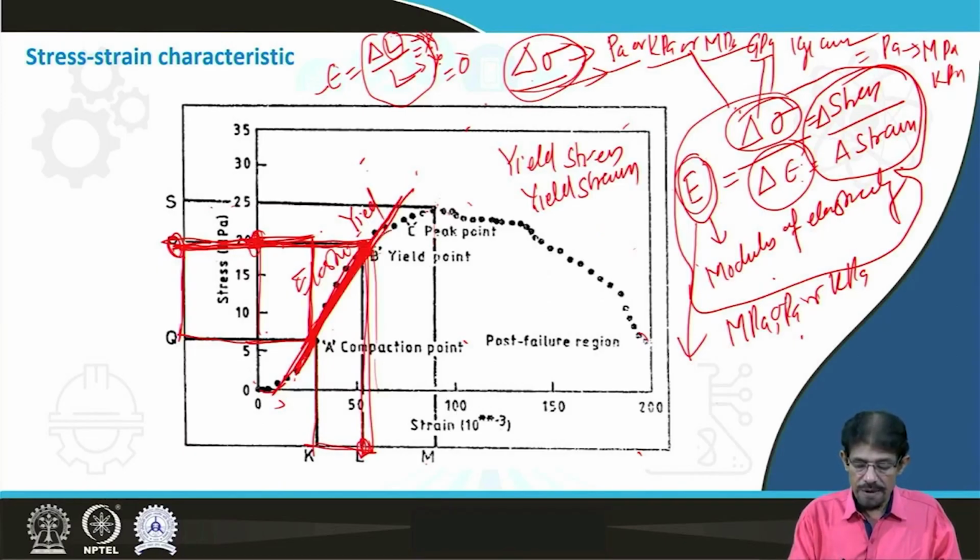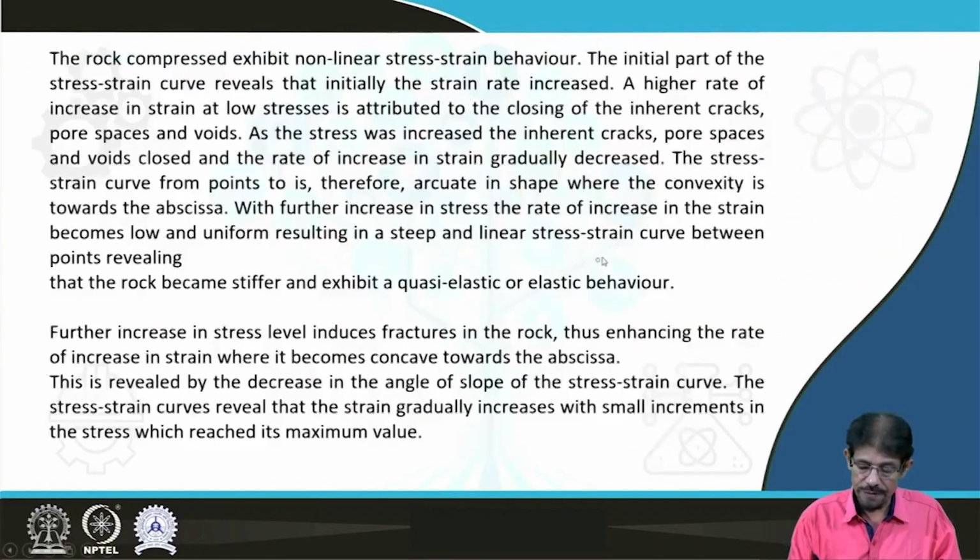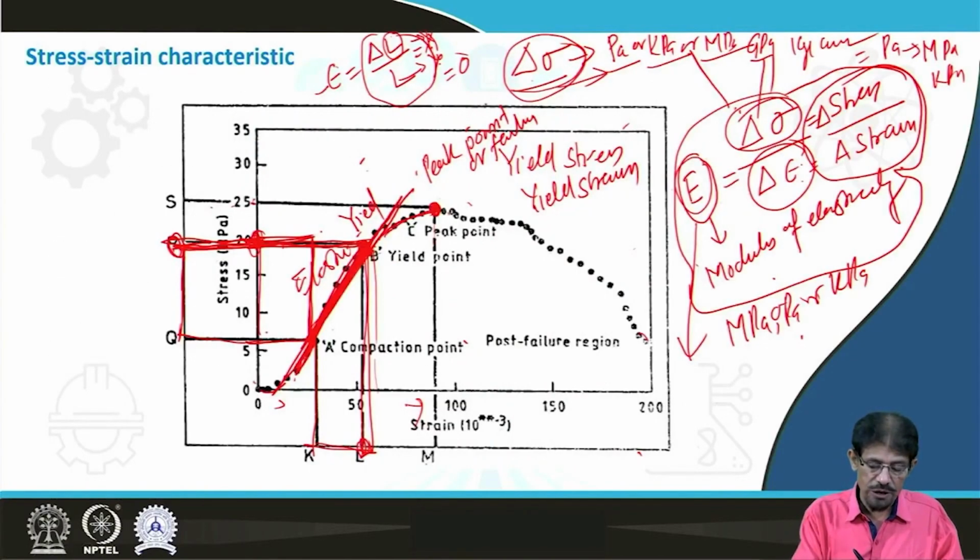Further, there is increment in stress due to applied increase in stress, and there is increment in strain, and this we are going to declare as a peak point or failure point, and the corresponding value of this stress is recognized as peak stress or failure stress or simply strength.